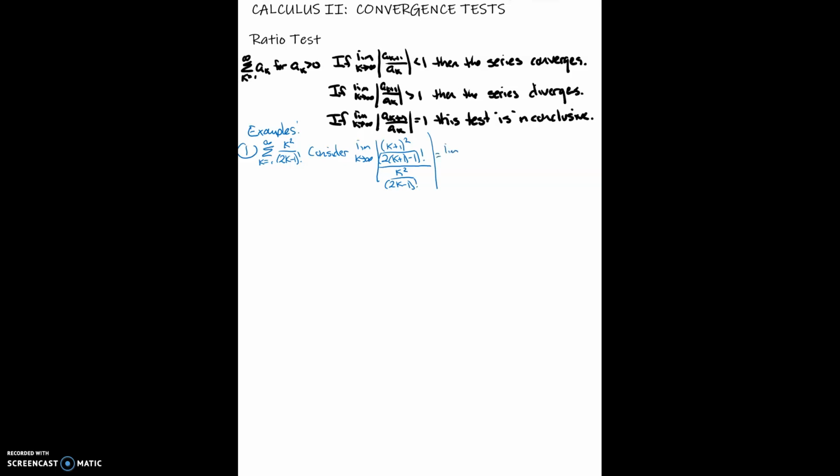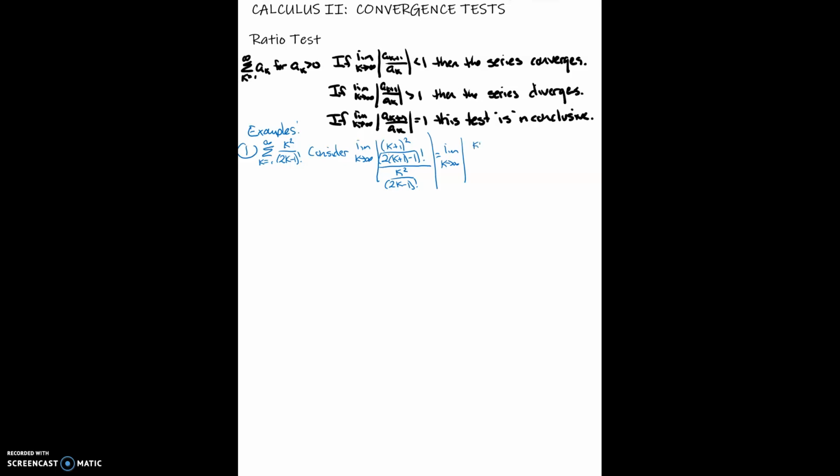All right, let's simplify some stuff before we take this limit. First thing we'll do, I'm going to multiply by the reciprocal to clear that complex fraction. I'm also going to distribute the 2 and combine it with that negative 1.